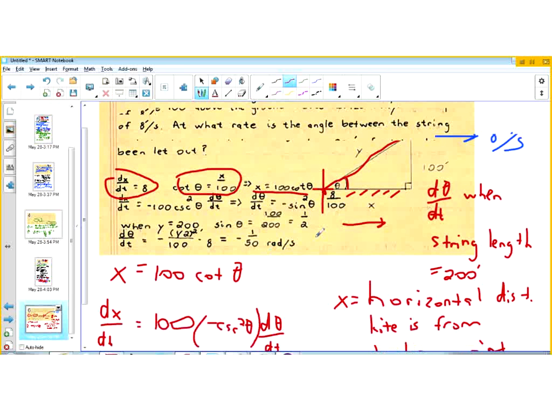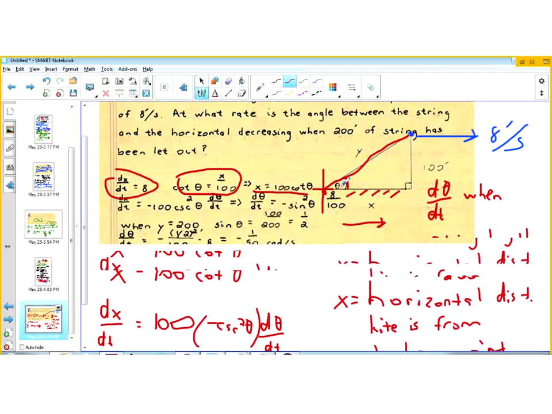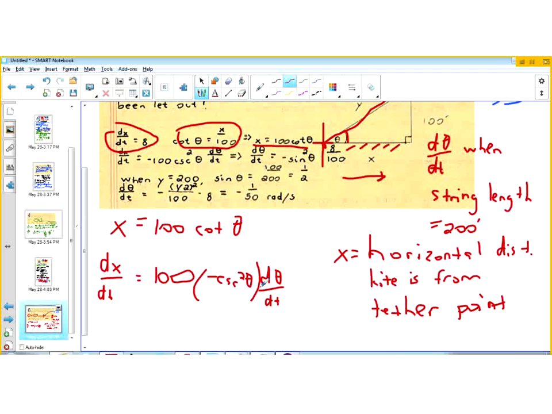The related rates aspect of this problem is framed in terms of the fact that as x changes, theta changes. And so we've related the change in x with the change in theta in this equation right here, which is, for all intents and purposes, a differential equation. Okay, so now we can solve for d theta over dt.